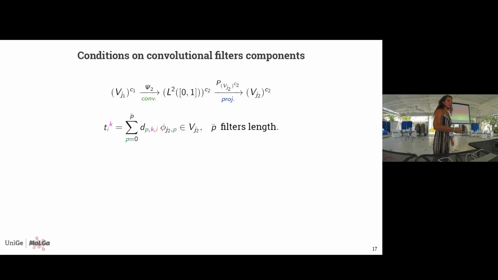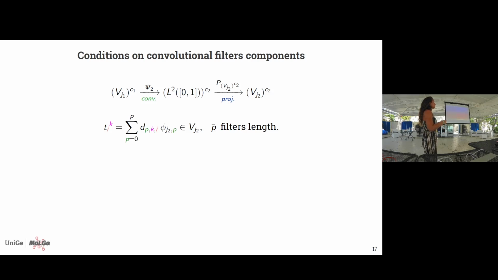As I said before, the filter T_ik can be decomposed in this way because they belong to the space Vj. In this case, I restrict the maps to the first fully connected layer, but this structure is the same for the next fully connected layer.